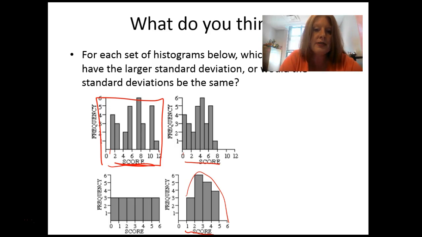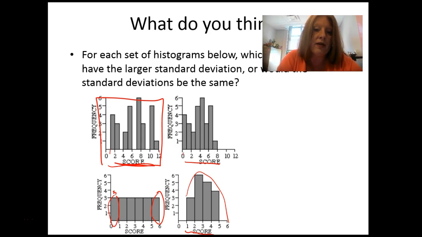So in this first data set, we have values that range from 0 to 6. In the second one, we have values that range from 1 to 5. So here we have more data values falling further away from the center, from the mean, than we do in the second distribution. In the first distribution, we have 3 data values that are between 0 and 1.